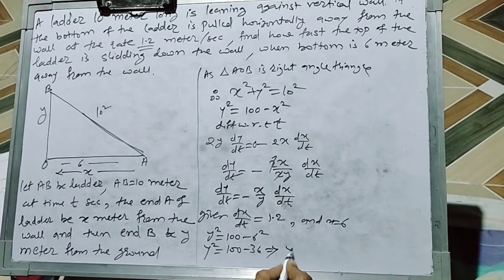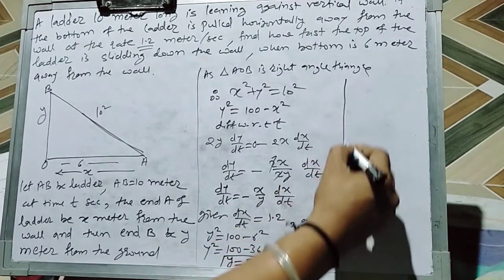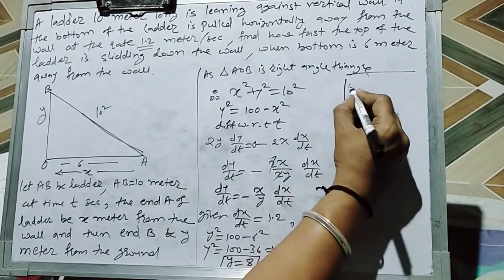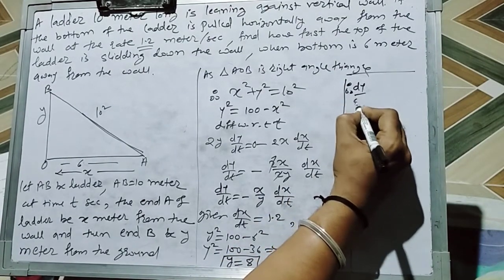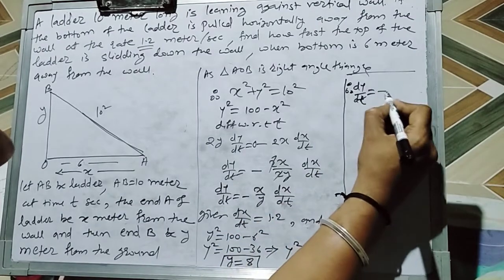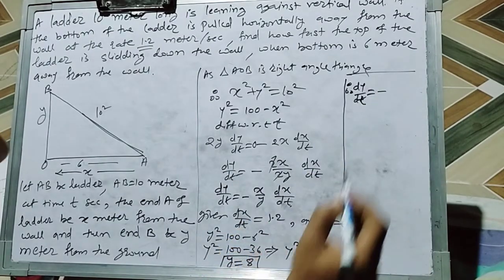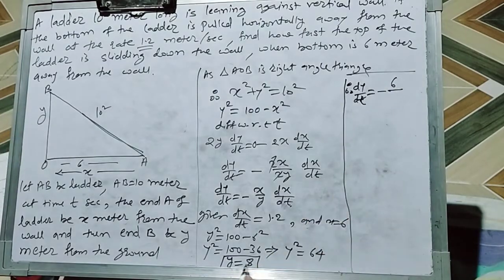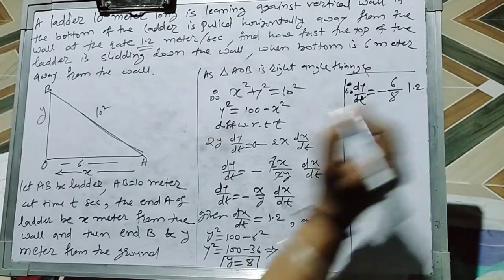This implies y square is equal to 64. It means y is equal to 8. So therefore dy by dt is equal to minus x, which is 6, divided by y, which is 8, and dx by dt is 1.2.